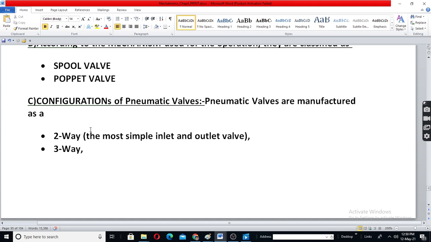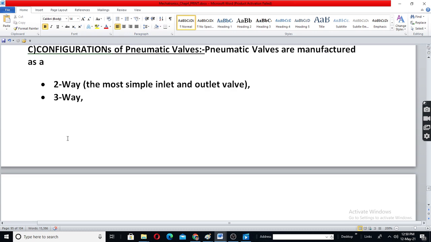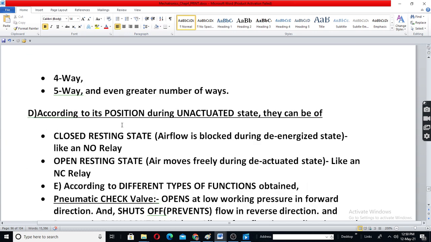And according to whether it is two-way, three-way, four-way, like that configuration, and according to its position during unactuated state, resting state, like in a relay, you have NO relay, normally open, or normally closed relay.